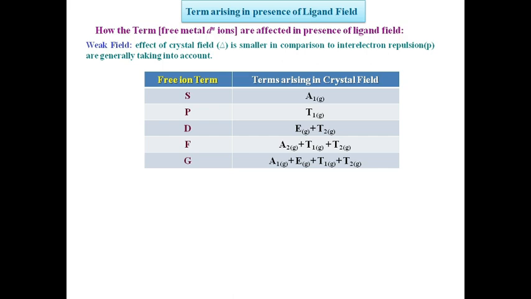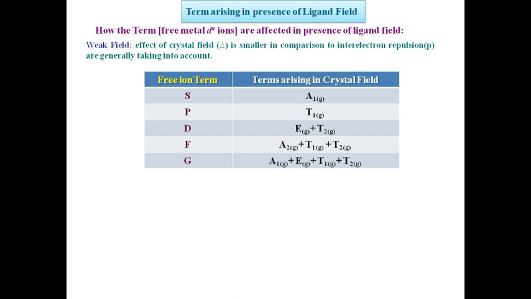Here, the capital S term for the free ion is split into the A1 crystal field term. For P, it is split into the T1 crystal field term. For D, it is split into E and T2 crystal field terms.